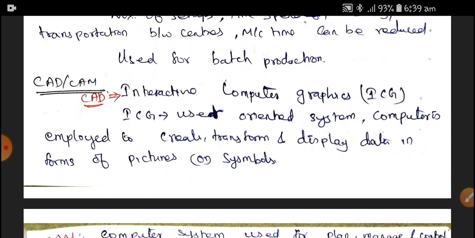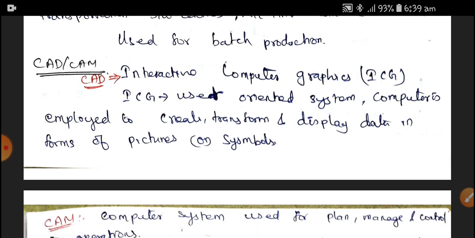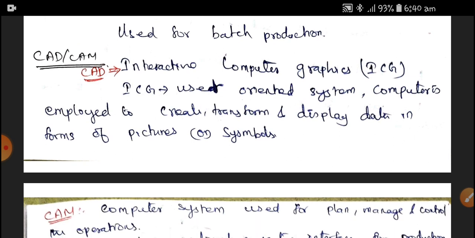If I create a rectangle in CAD modeling software, it shows how the rectangle behaves in a two-dimensional view as well as a three-dimensional view, and all the data can be picturized. We can even rotate the rectangle. We can tilt the rectangle. All these things are possible by means of interactive computer graphics. That is very important in CAD.